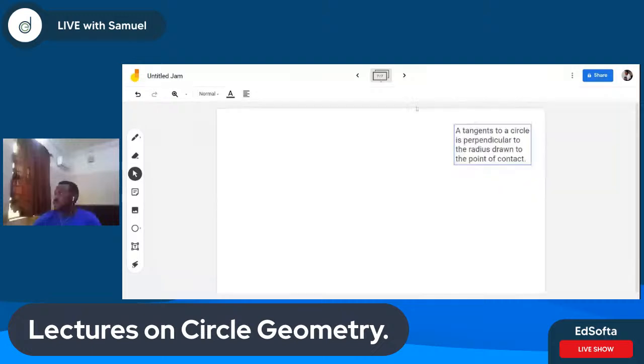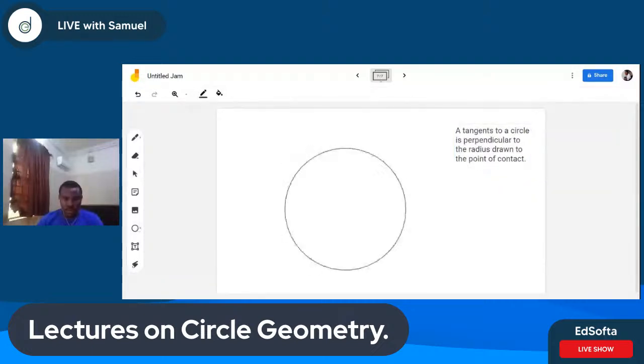So look at this. You have a circle. Let's bring out the circle, and you can just pick a midpoint. So what's a tangent? A tangent is a straight line joining a circle at just one point. So it doesn't enter the circle.